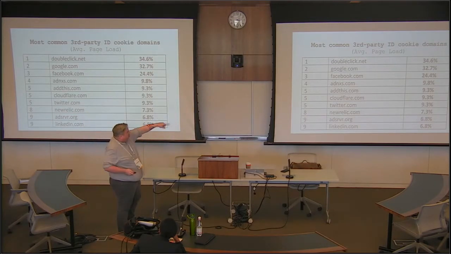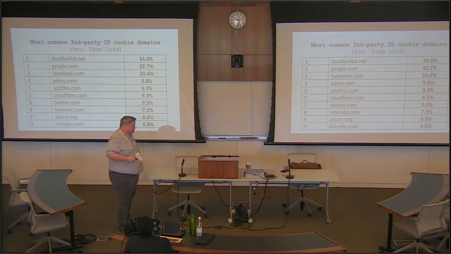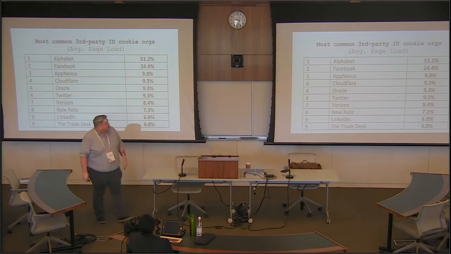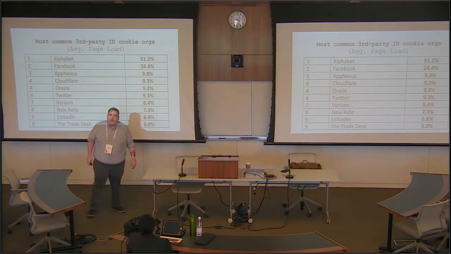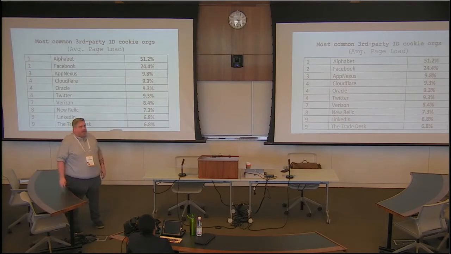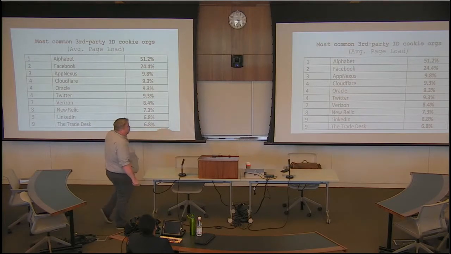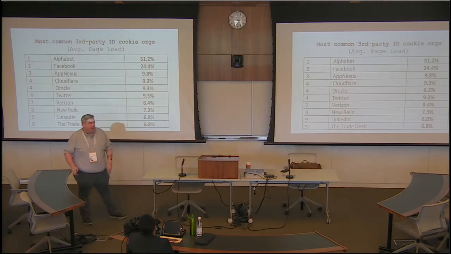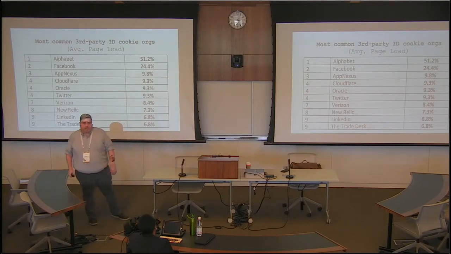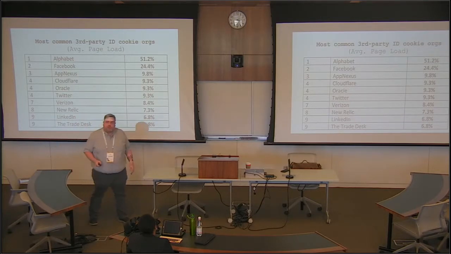So if we then take all these different domains that are showing up and combine them by company, again, you see that a little over half of the law library websites are having at least one tracking cookie set by Google for users who visit that site. Again, Facebook comes in second, dropping way down to about half of what Google does, and then again we get into that sort of long tail situation where there's a lot of other companies that are doing this, but the big ones are just those first two.